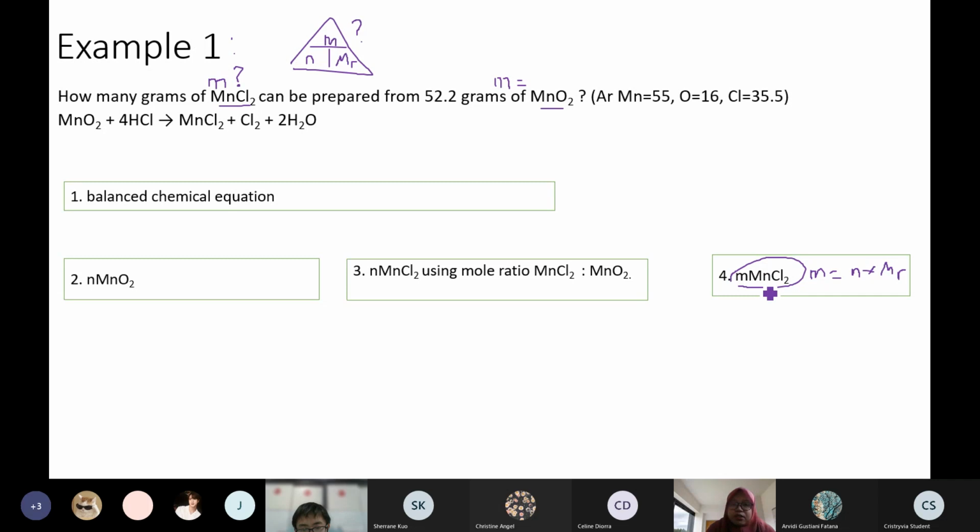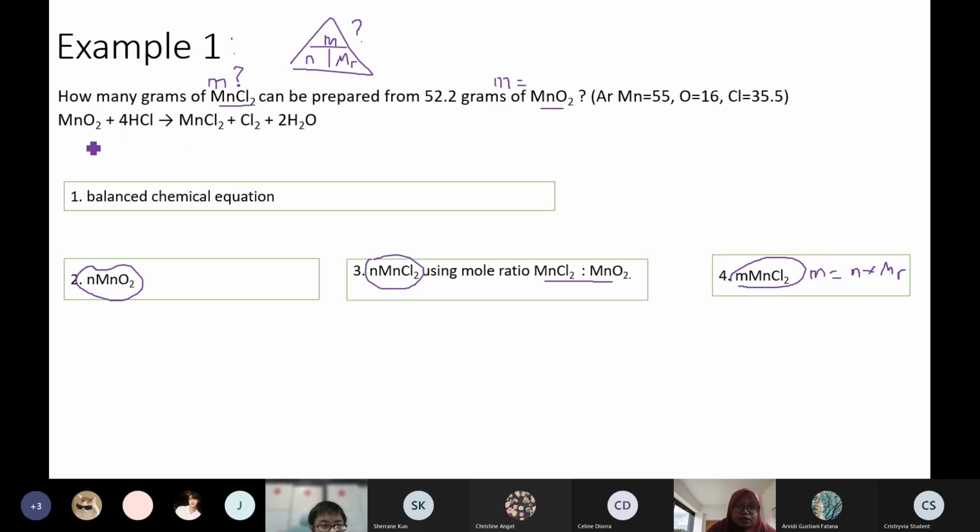We can compare with the mole ratio between MnCl2 and MnO2, so we need the moles of MnO2. And how to know the moles of MnO2? We need to balance this reaction, so we have to check whether it is balanced or unbalanced.